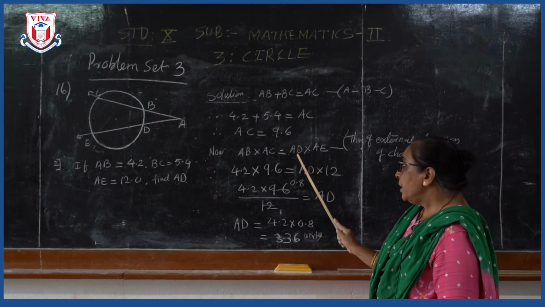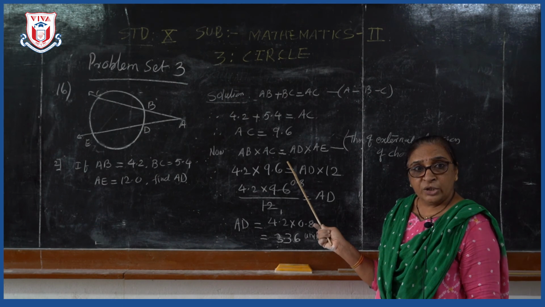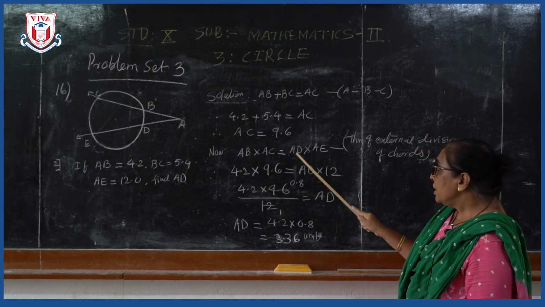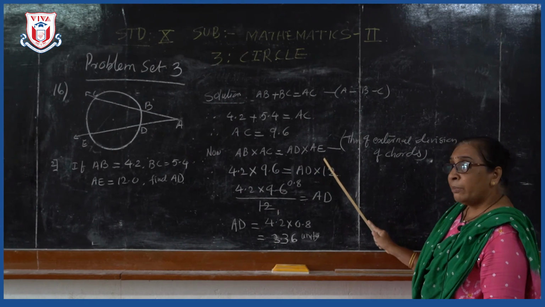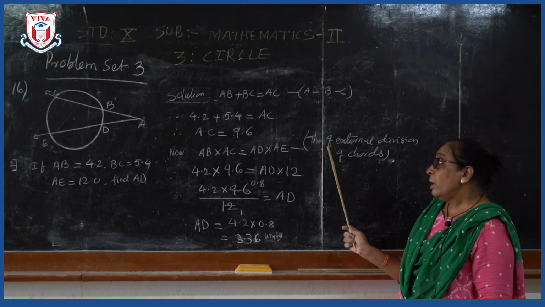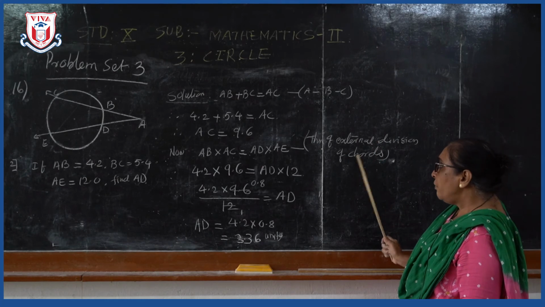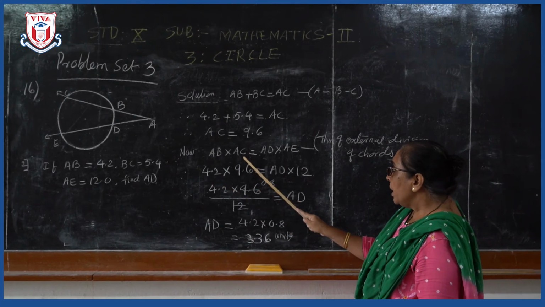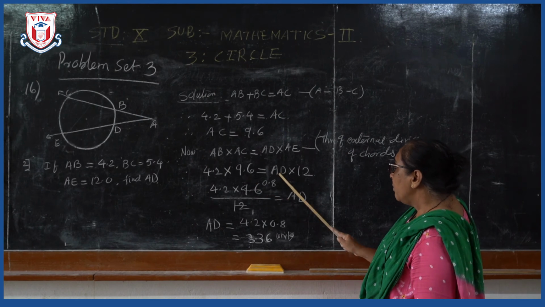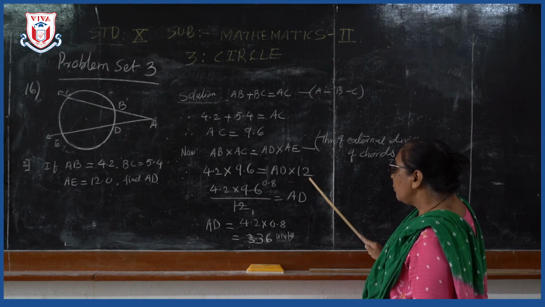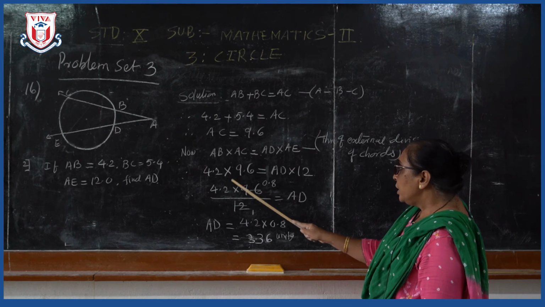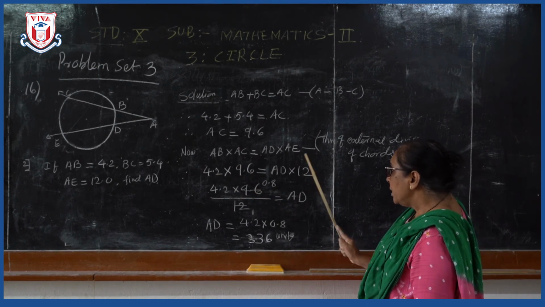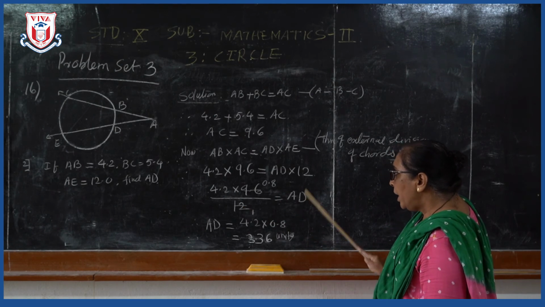Now we got AC. Now write the relation. AB into AC is equal to AD into AE by using the theorem of external division of chords. Substitute the values. AB is 4.2, AC 9.6 equal to AD into 12. So if we simplify this, we will get 4.2 into 9.6 divided by 12 is equal to AD.